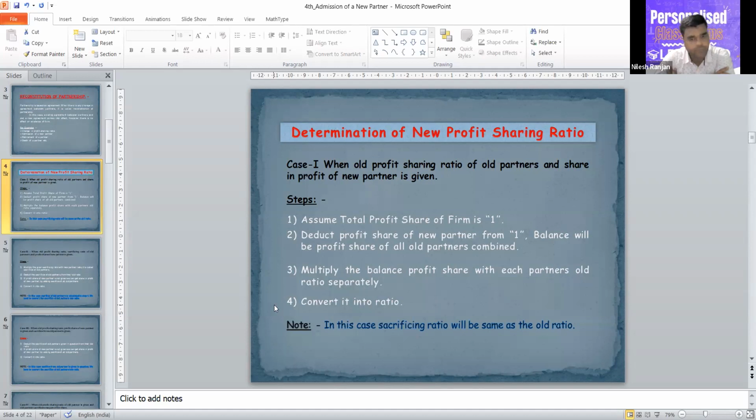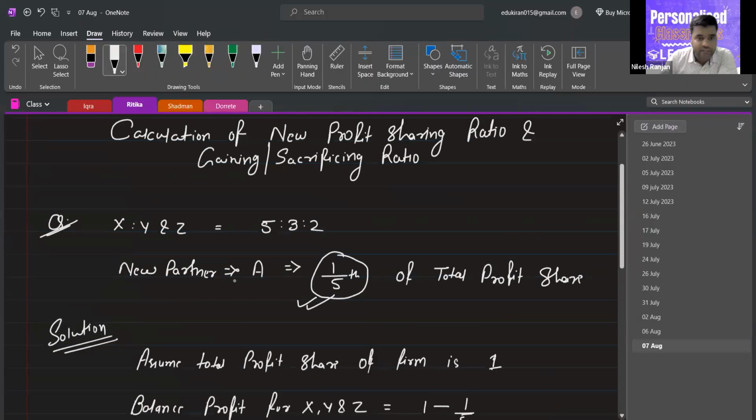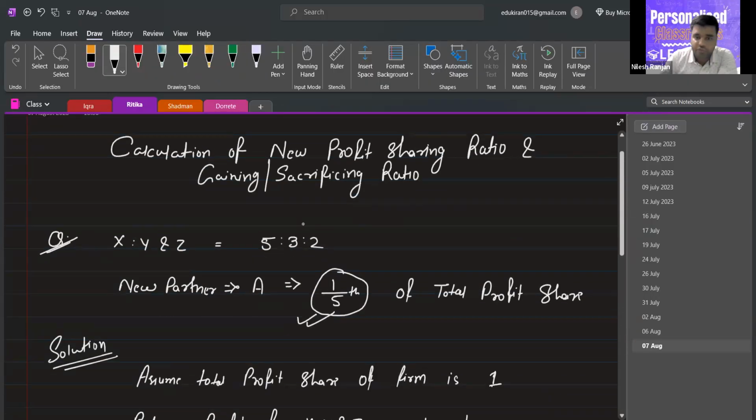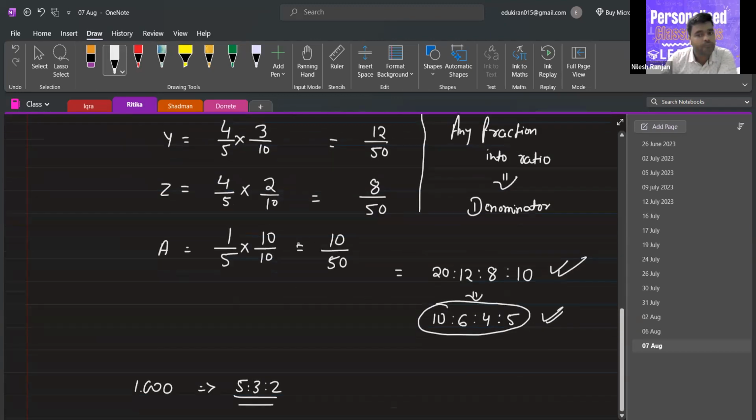Now, there is a note written here. In this case, the sacrificing ratio will be the same as the old ratio. I told you that we will discuss the sacrificing and gaining ratio with the new profit sharing ratio combined. In this case, the sacrificing ratio will be the same as the old ratio, which means that the sacrificing ratio will be 5:3:2.